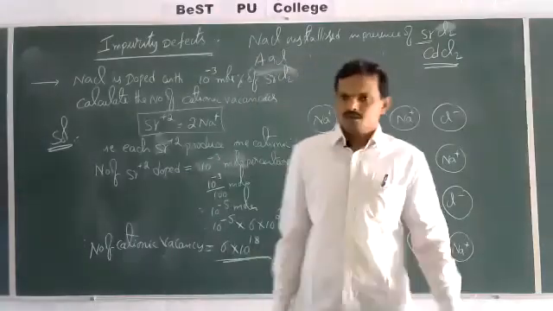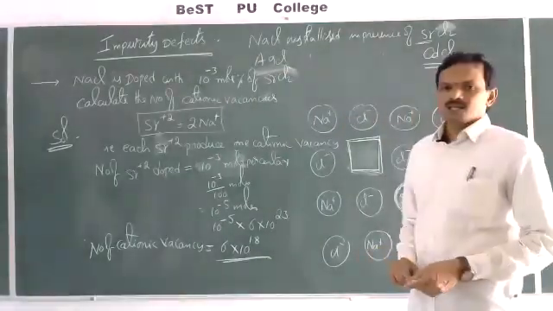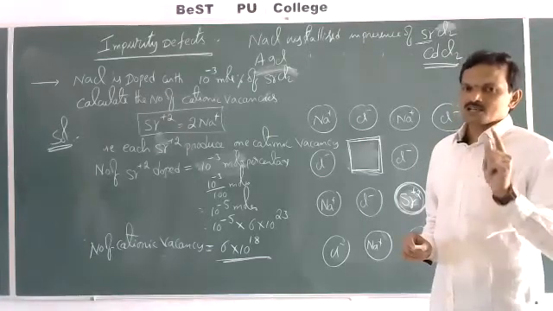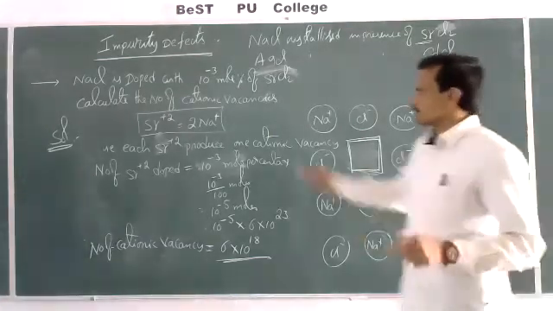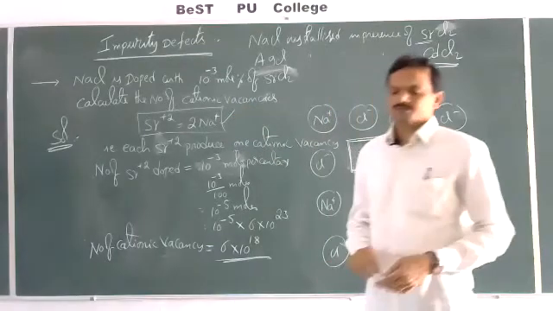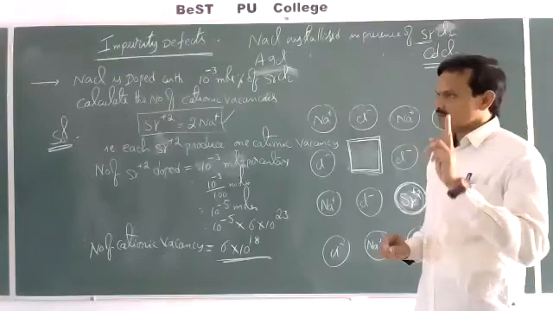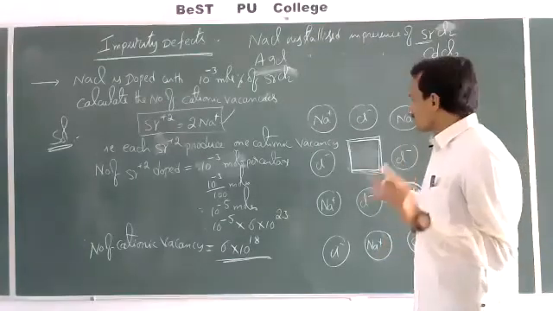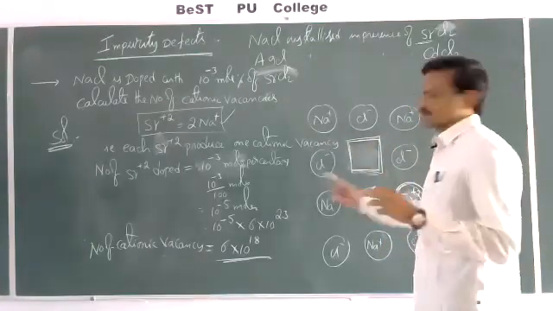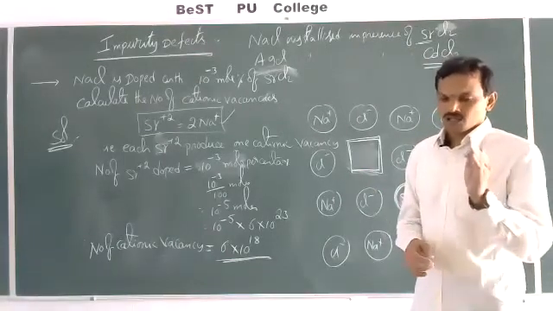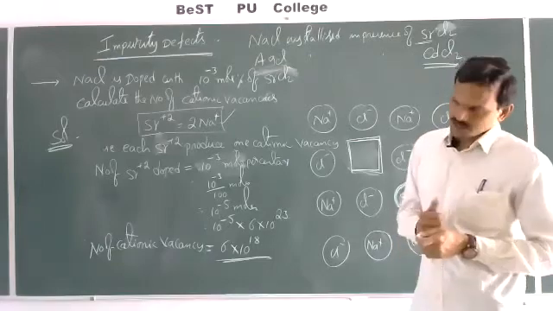See once again. When NaCl is doped with strontium chloride, each strontium ion can replace two sodium ions, but out of the two vacancies, only one site will be occupied by strontium, leaving one cationic vacancy. That is, each strontium ion can create one cationic vacancy.